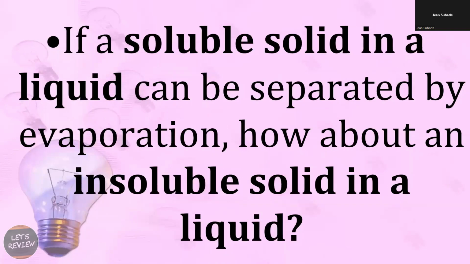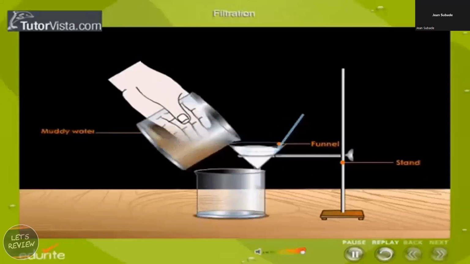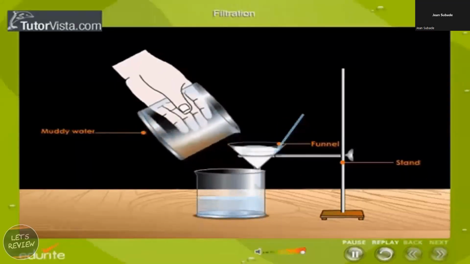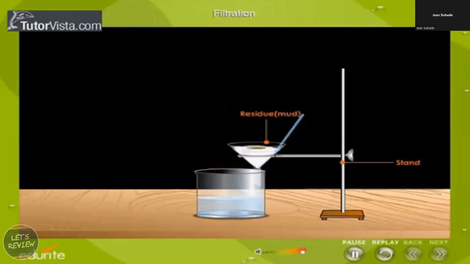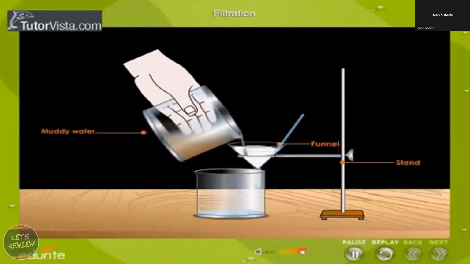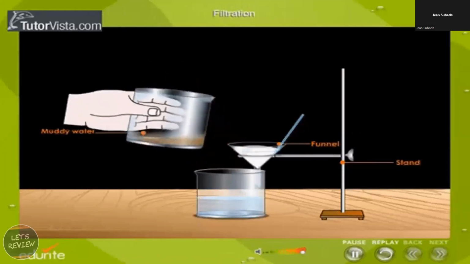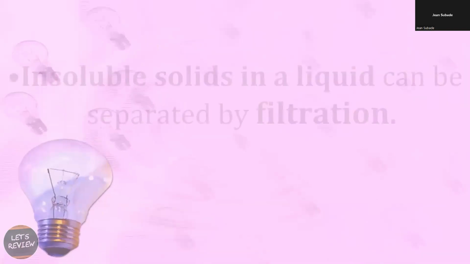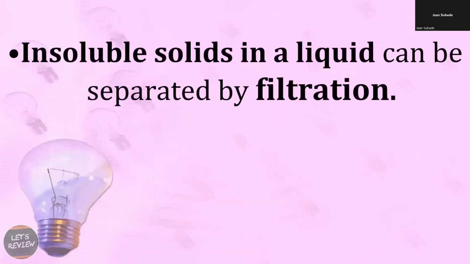If a soluble solid in liquid can be separated by evaporation, how about an insoluble solid in a liquid? Well, in this case, you may use a filter paper. If it is really hard to separate them, then this is the best way to separate it. We call it the filtration process. Insoluble solids in a liquid can be separated by filtration, but you can also use the decantation process if that is possible.